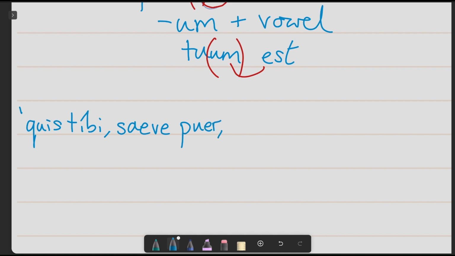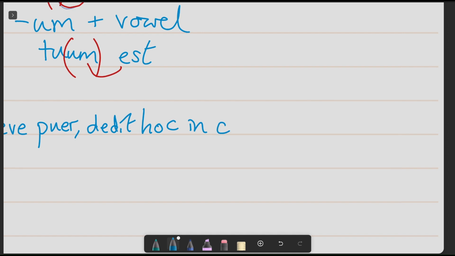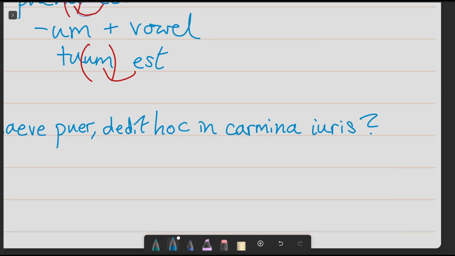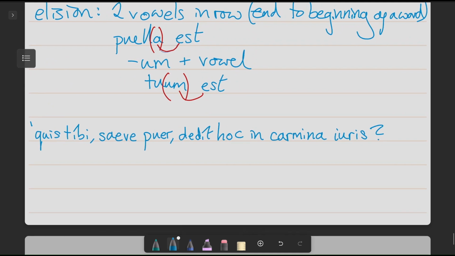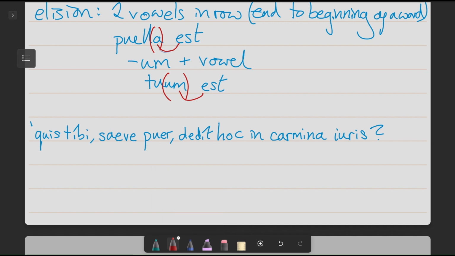I'm going to run out of space on this line, aren't I? Dedit hoc, or maybe not, in carmina iuris. I know it would have been nicer to have it all in a print rather than my handwriting, but you'll have to make do because I didn't think about this.